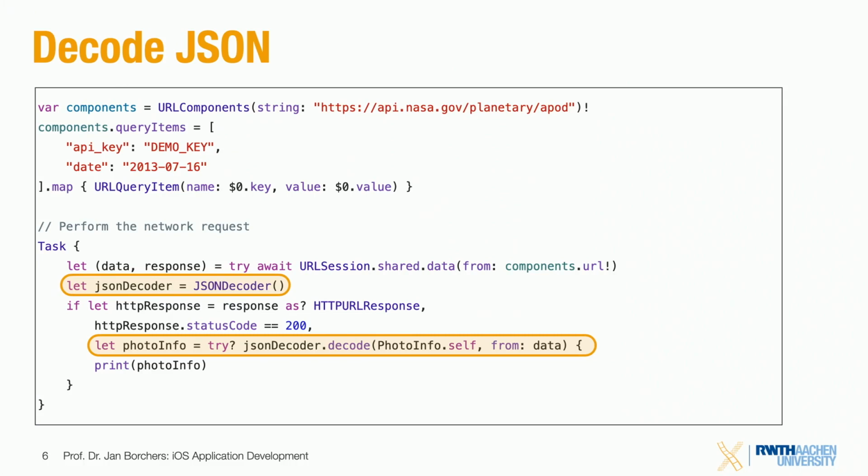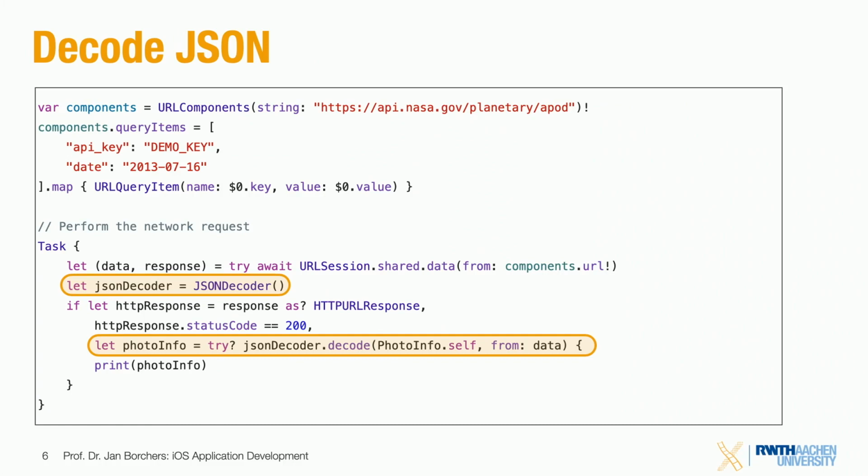And we just use the self to refer back to the description, essentially, of your model there. So we try to decode that and assign it to a constant with the photo info name. And if all of that worked, so all of this is in this if-let structure, then we can print out our photo info. So the decoding is really simple, just initializing the decoder and calling the decode method that we have here.